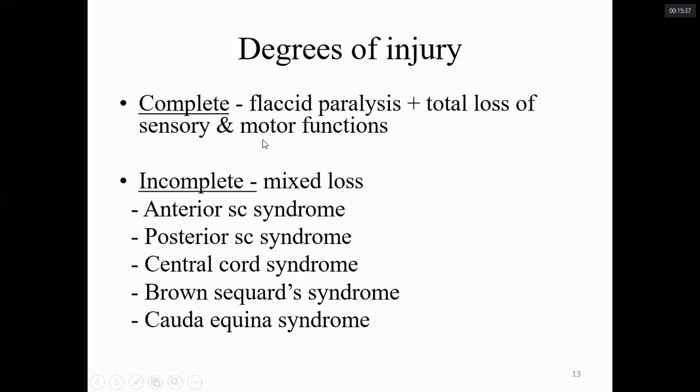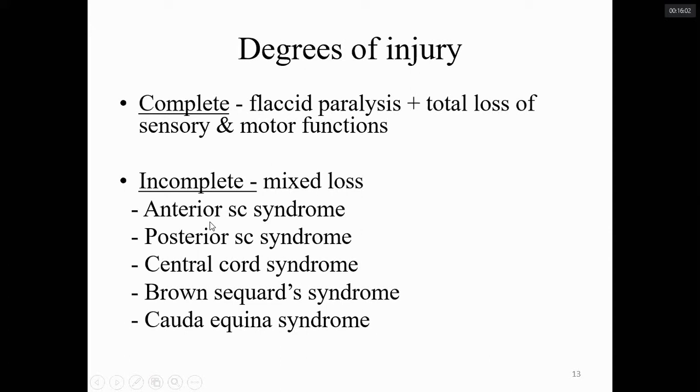The power of the lower limb is 0/5, and there is no sensation below the level of the lesion. That is complete. The other is incomplete. If the power is 5/5, or 2/5, and sensation is present, that is incomplete. So for a complete injury, there should be complete paralysis as well as loss of sensation and motor function.